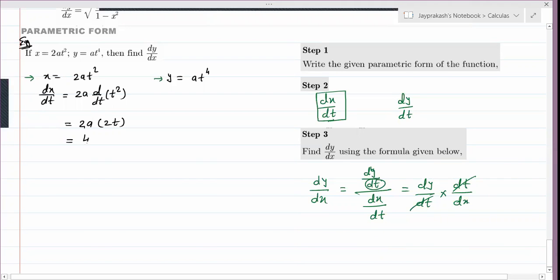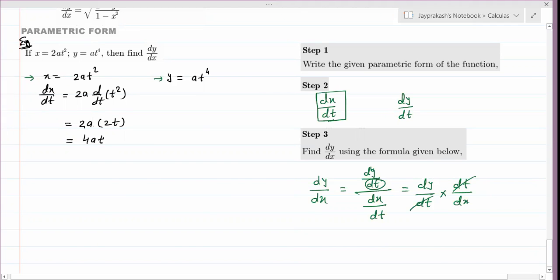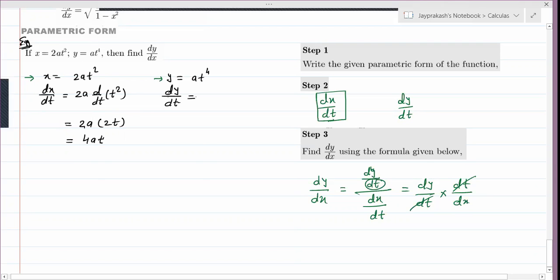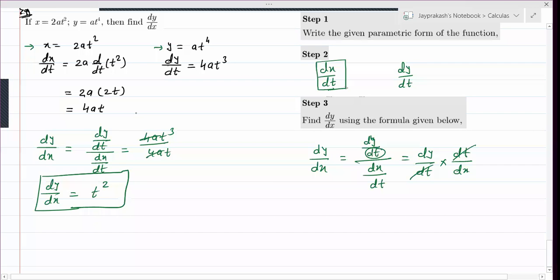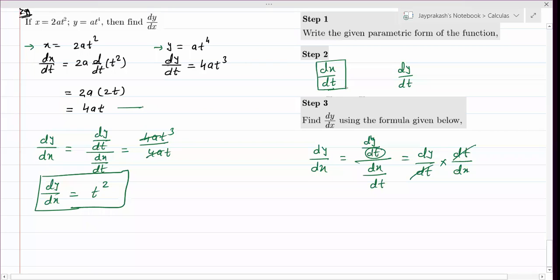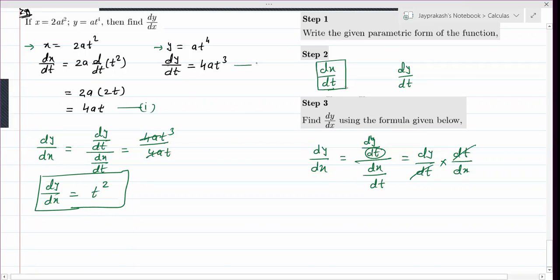So finally it will be 4at. In the same way, differentiate y with respect to t. So dy by dx we have written here as dy by dt divided by dx by dt. Then we have substituted the value from equation number 1 and equation number 2.